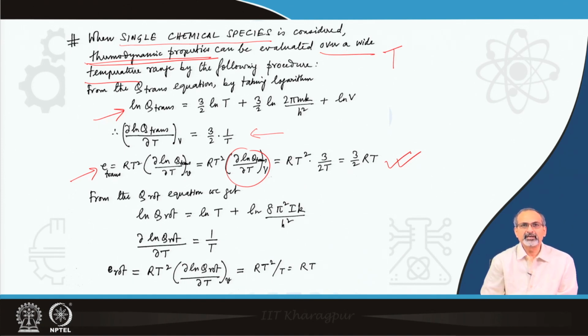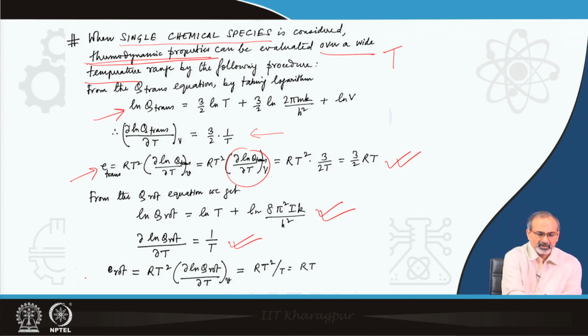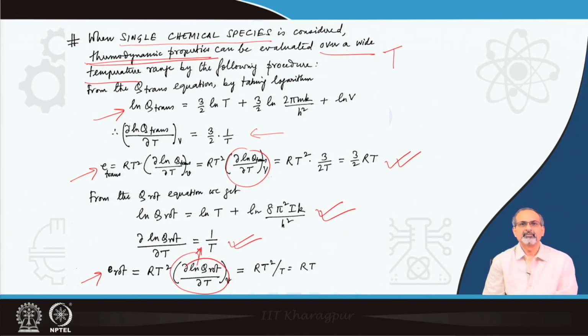From the rotational equation, again by taking logarithm and then taking a derivative with respect to temperature, you get a form 1 by T. Plug it into the form for E rotational, the internal energy for rotational, and basically what you are doing is just replacing this derivative with the corresponding form based on the particular mode of energy.